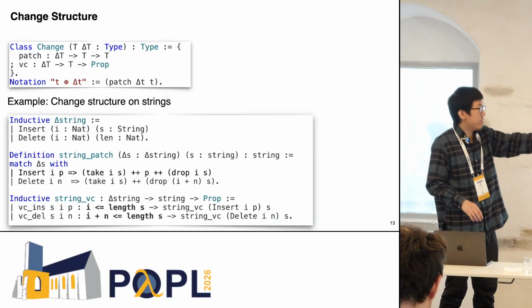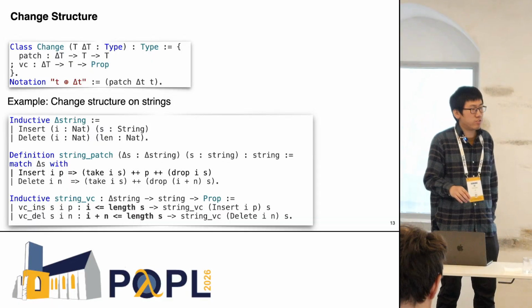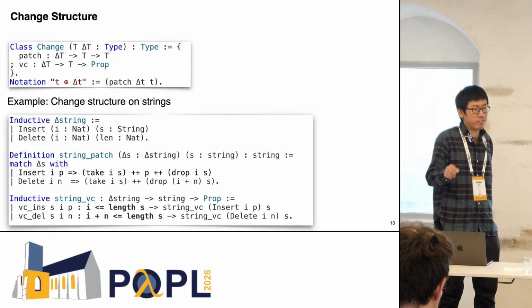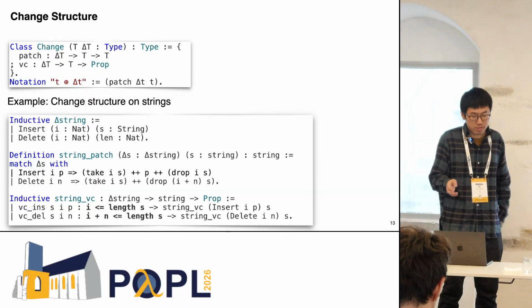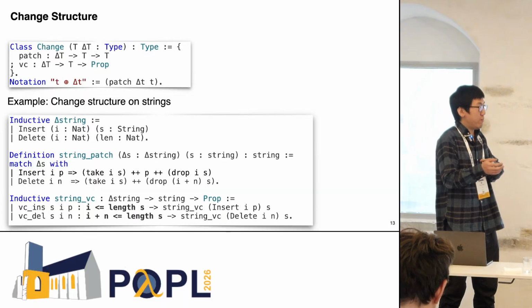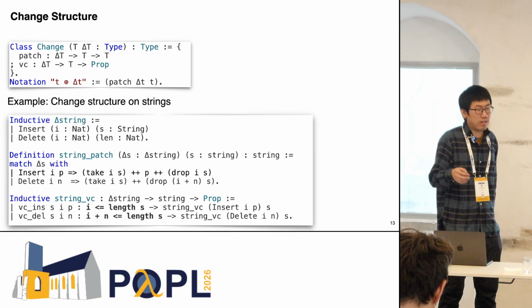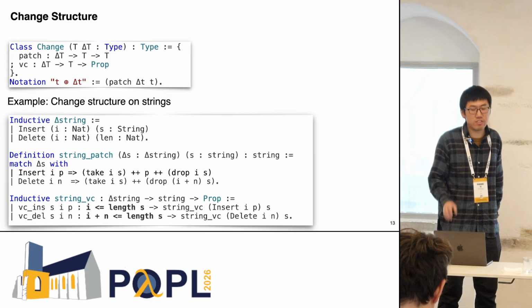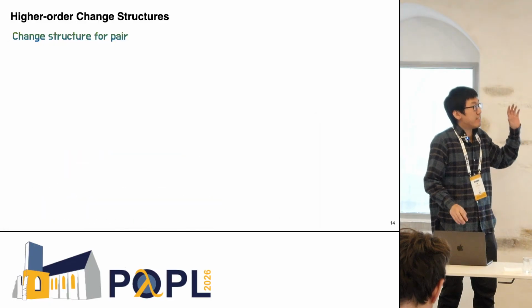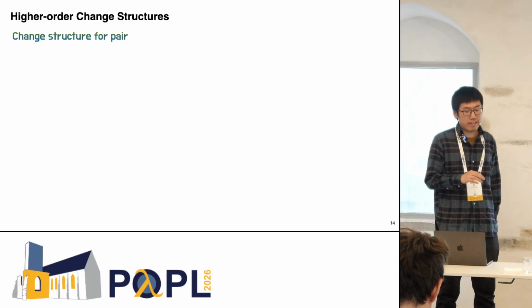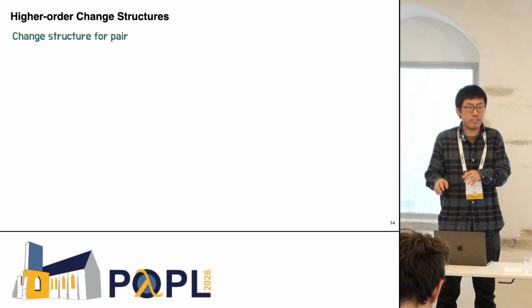As we can see here, if it's an insertion change, we must require that the starting point of this insertion does not exceed the range of the string. And also, if we perform a deletion, we must ensure that all of the deleted characters also stay in the string.